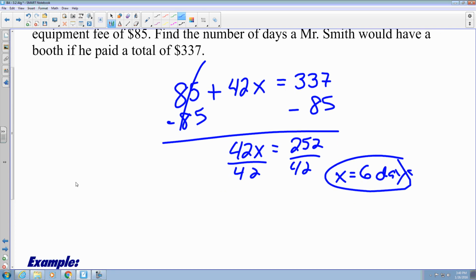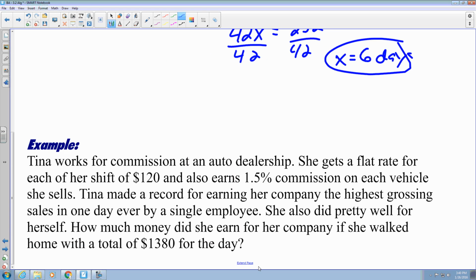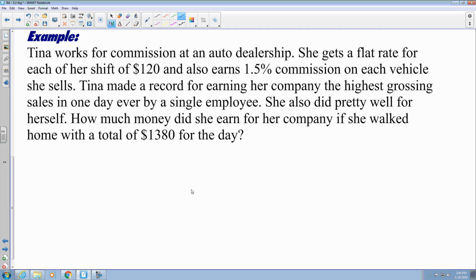Looking at the next example here, it is as follows. It says Tina works for commission at an auto dealership. She gets a flat rate for each of her shifts of $120 and also earns 1.5% commission on each vehicle she sells.